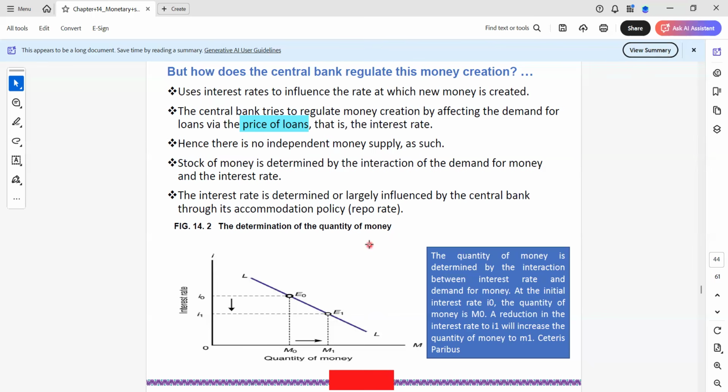The interest rate is determined or largely influenced by the central bank through its accommodation policy, the repo rate, right? I said this already, that the South African Reserve Bank uses the repo rate to influence the interest rate, right? Because if they increase the repo rate, which is the interest rate that is charged to commercial banks, right?